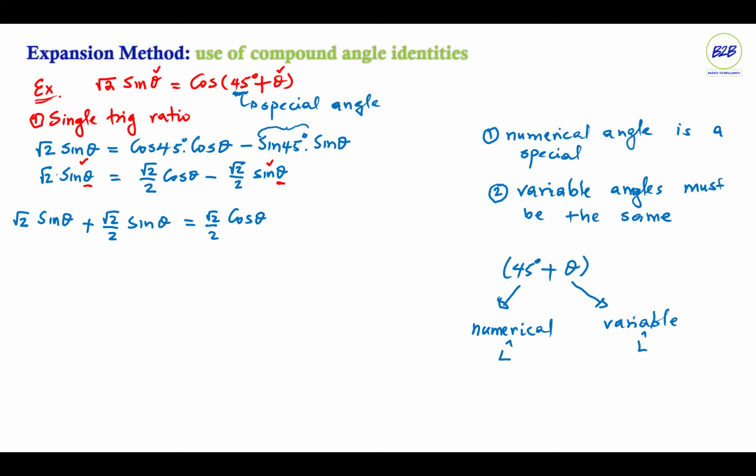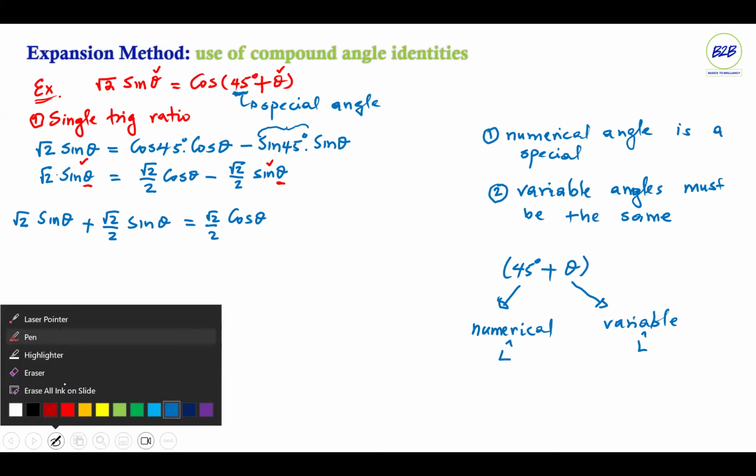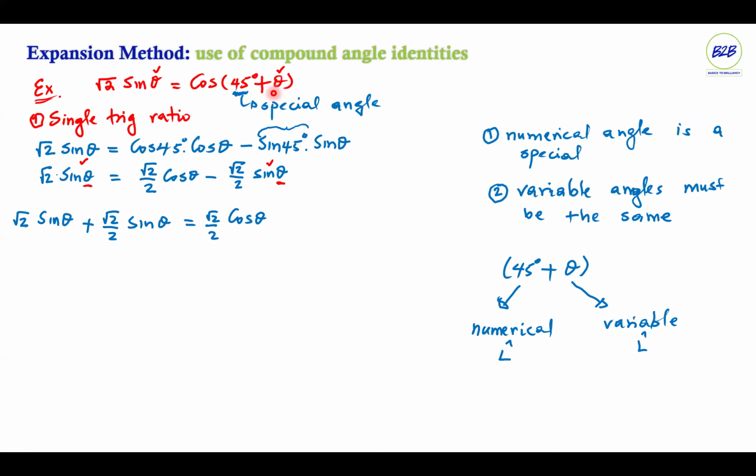It's a variable, all right? So what do I say? The variable angles must be the same. There is theta here as a variable angle. There is theta there as a variable angle. There is 45 here as a numerical angle, which is a special angle.